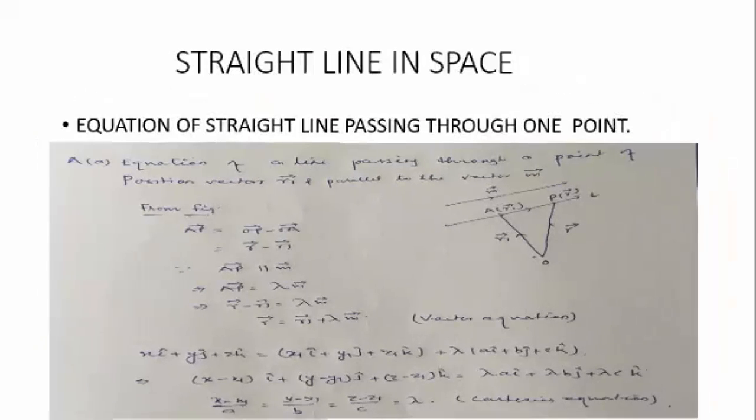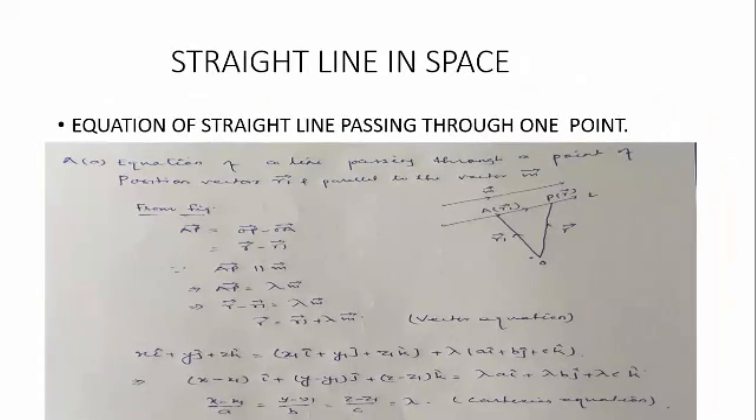First of all, you see here the equation of a line passing through a point of position vector r1 and parallel to the given vector m. In this figure, you see a line L that passes through a point A with position vector r1, and a vector m which is parallel to the vector AP.